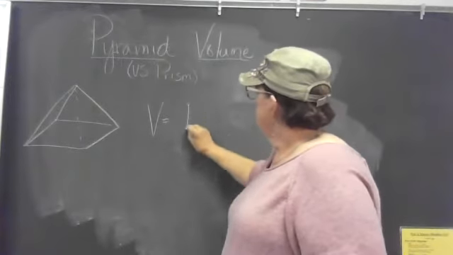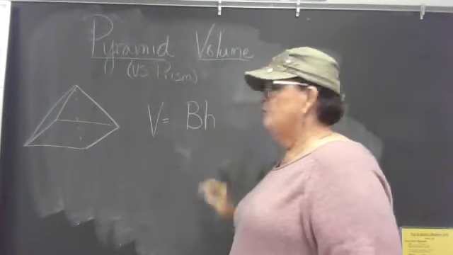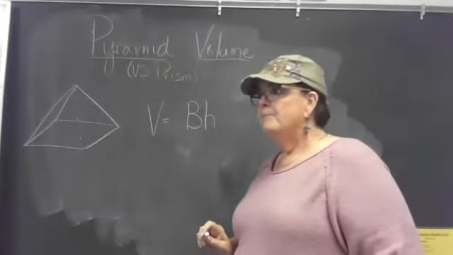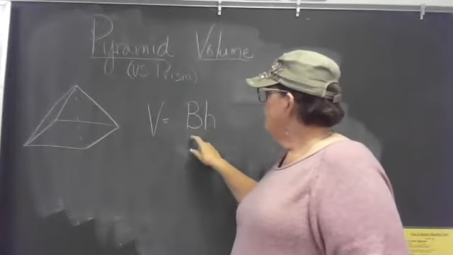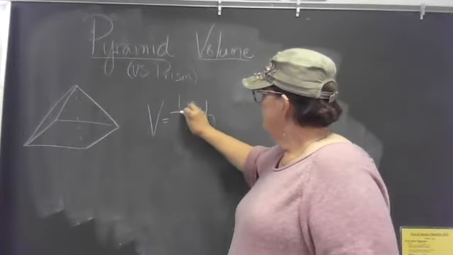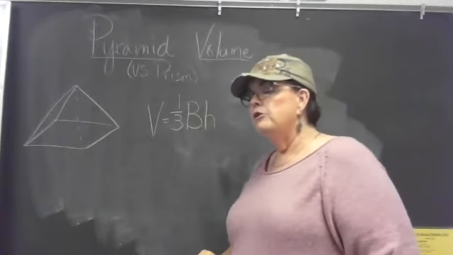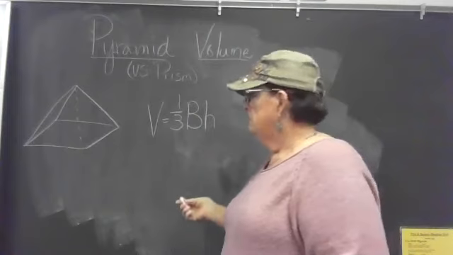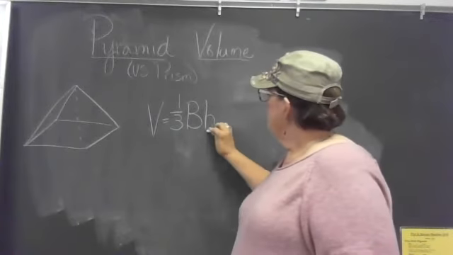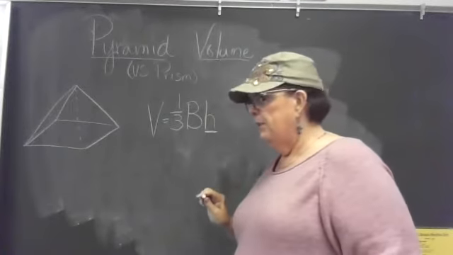But remember, we find the area of the base times the height of the pyramid. Remember that? But this is for a prism. For a pyramid, we take it times 1/3, or divide by 3, which is the same thing. Now remember that the height has to be perpendicular to the base.